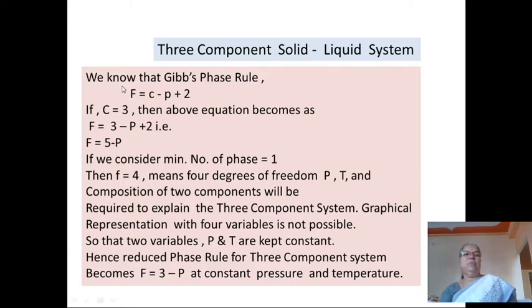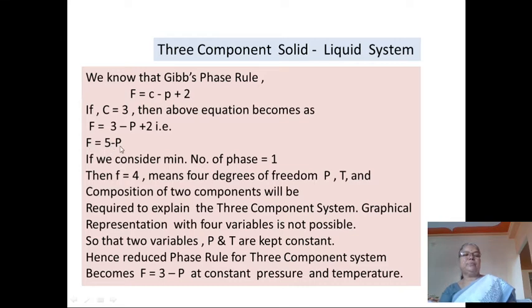Then we know the Gibbs phase rule, F equals C minus P plus 2, and if the value of C, that means component, is equal to 3, then the Gibbs phase rule becomes F equals 3 minus P plus 2, that is F equals 5 minus P. This equation signifies that to find the degree of freedom F of the three component system, we have to subtract the number of phases from 5.